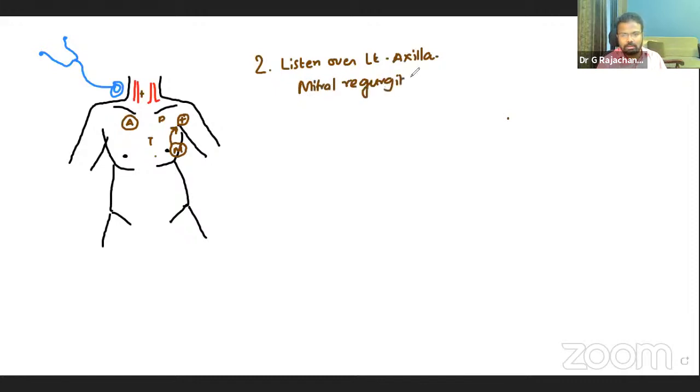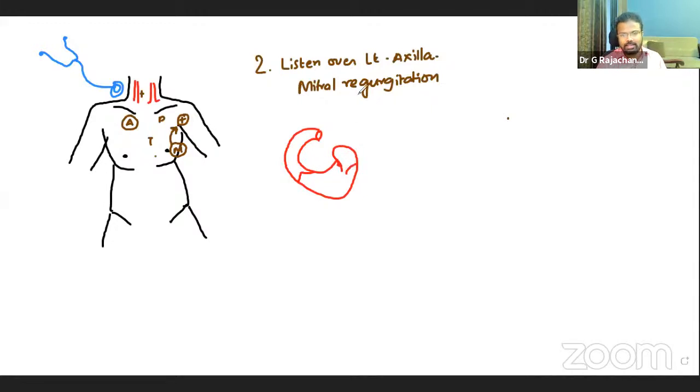regurgitation. Mitral regurgitation. For this, we drew one small picture and we will explain it. This is the aorta. Now just see this. This is the mitral valve. This is the left atrium. This is the left ventricle. This is the aortic valve.